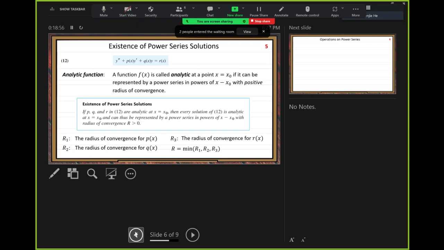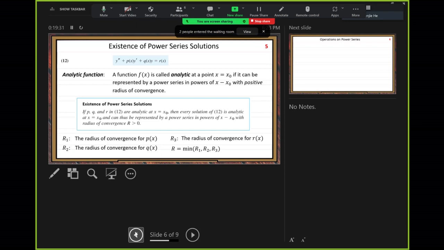When you apply this theorem, we know we can find the power series solution for this equation, and that solution has the radius of convergence capital R, the minimum of those positive radii.